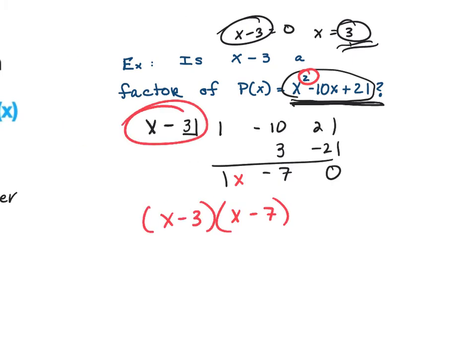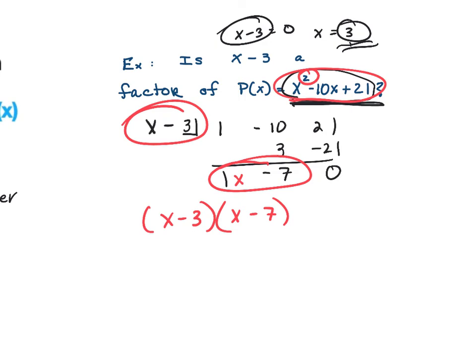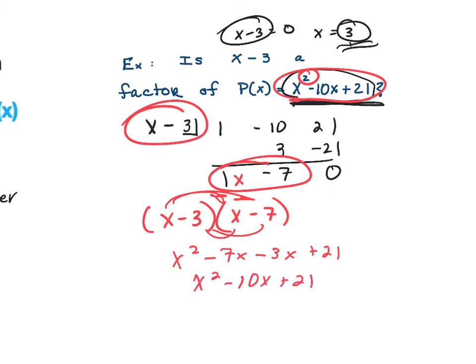It's the divisor and your quotient multiplied back together to give you the dividend, x squared minus 10x plus 21. You can see if you distribute, this polynomial we started with does factor as x minus 3 times x minus 7.